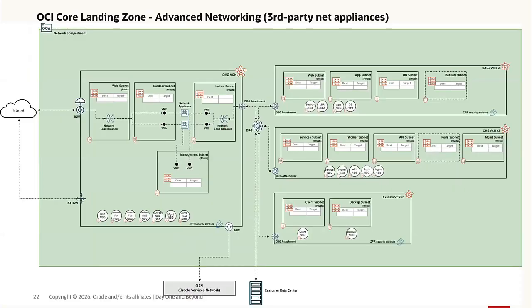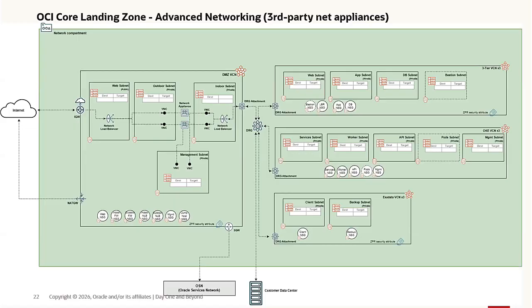So here we expand the network compartment showing the hub or the DMZ VCN on the left-hand side. When connected to the same DRG as the other VCNs, we have a hub-spoke topology. So in the hub VCN, or the DMZ VCN, however you want to call it, we typically deploy a network appliance for traffic inspection into or out of the spoke VCNs.